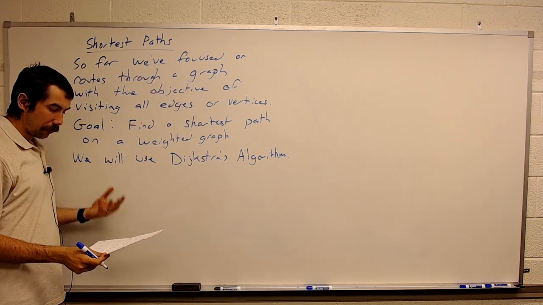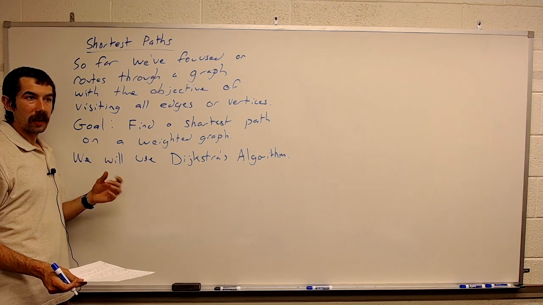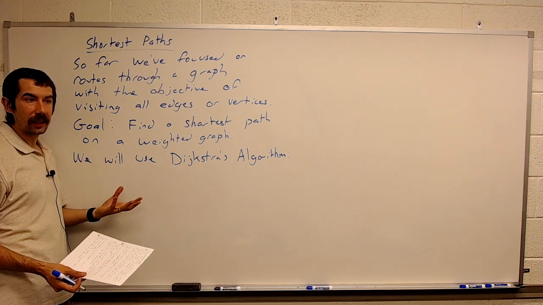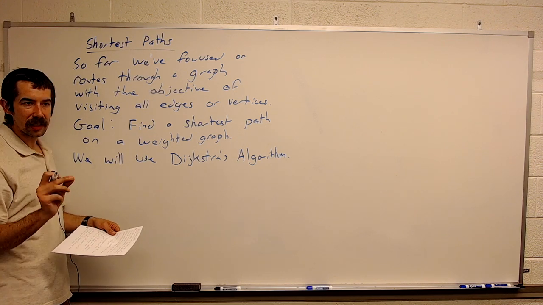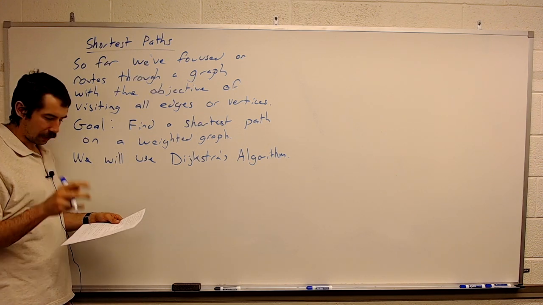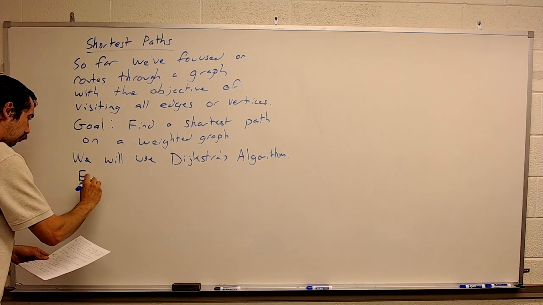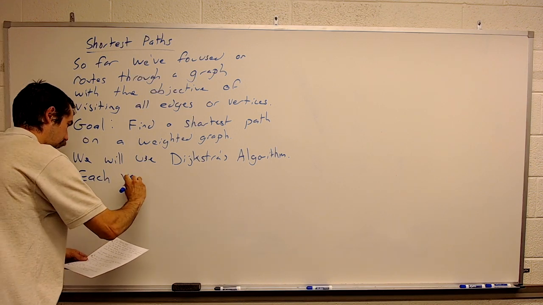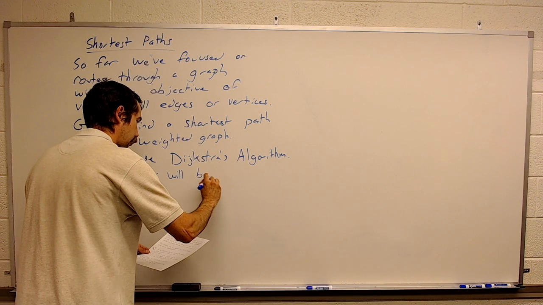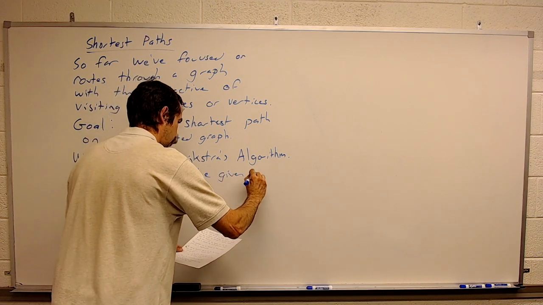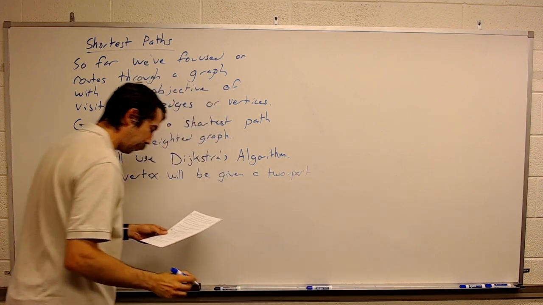All right, and with Dijkstra's algorithm, we are going to label not the edges. The edges already will have labels because it's a weighted graph. We're going to label the vertices with 2 bits of information. Okay, so each vertex will be given a 2-part label.